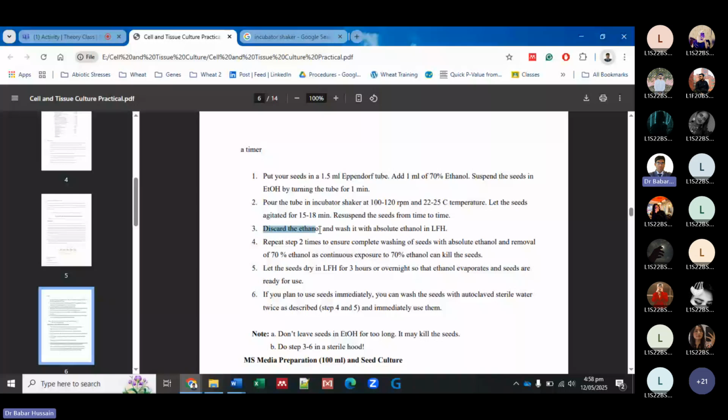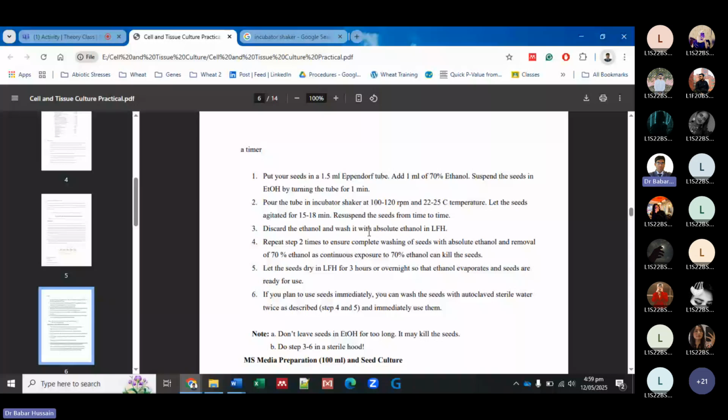And then what you usually do is put 1 ml of absolute ethanol, meaning pure ethanol, and wash the seeds. You put in the ethanol for like 20-30 seconds, maybe 5 seconds, depending upon your confidence, and wash it with absolute ethanol.